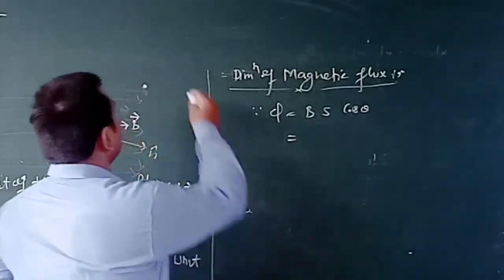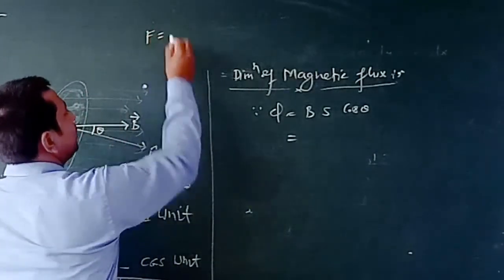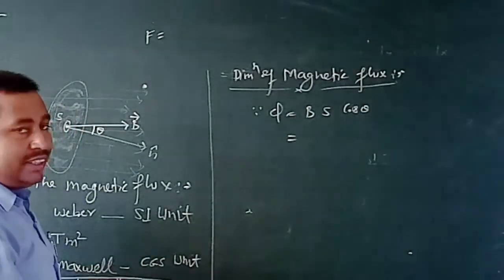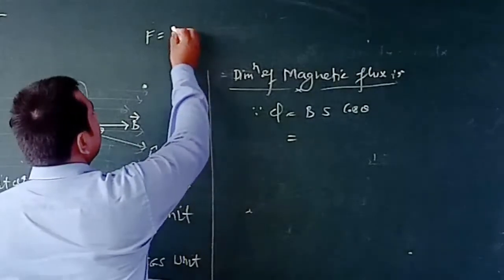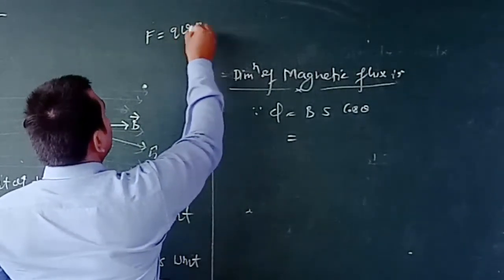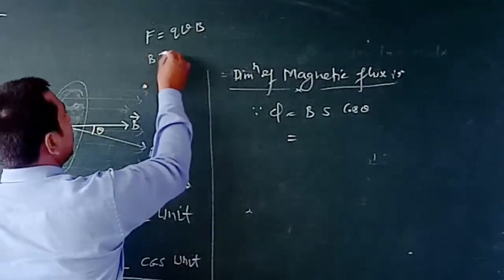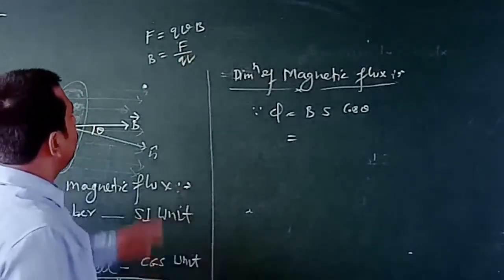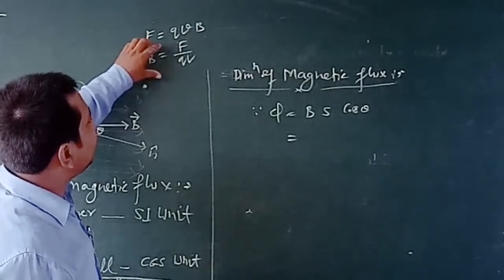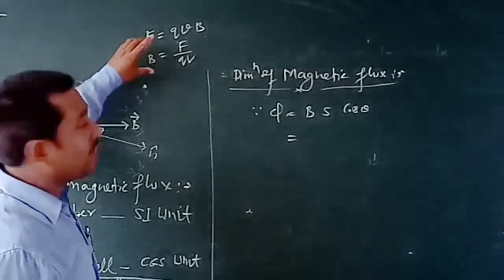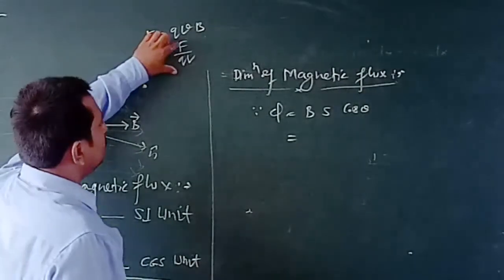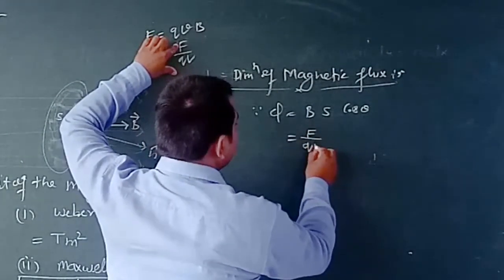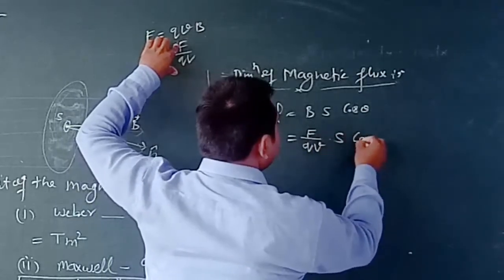As we know, the force experienced by a charged particle moving with velocity v in a uniform magnetic field B is equal to q v B. So from here B can be represented by F by q v. So from here we can easily get the dimension of B, and this can be written in terms of F divided by q into v into S cos theta.